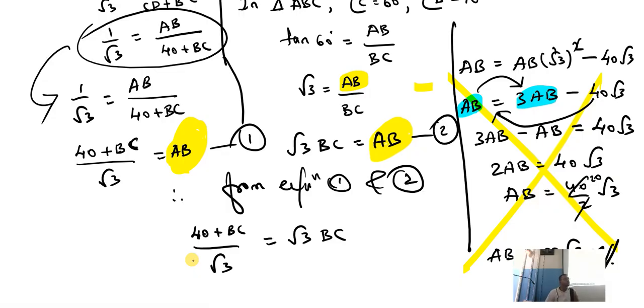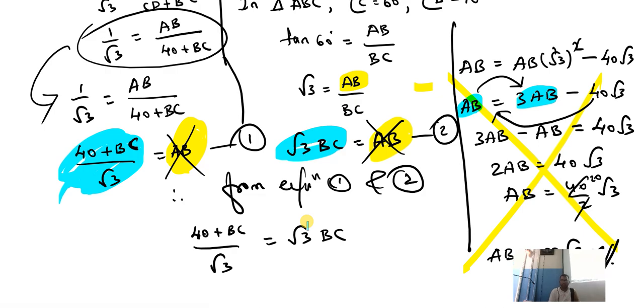Can we write? Both sides AB get cancelled, because both are equal. I have equated.